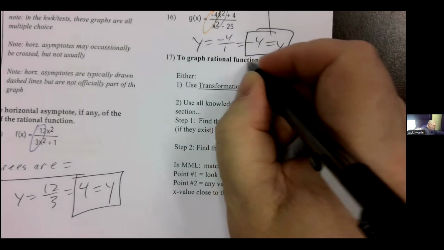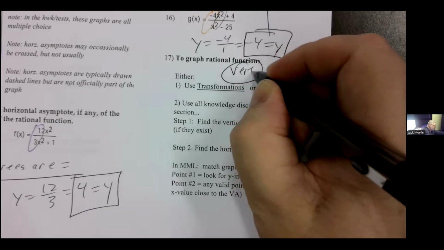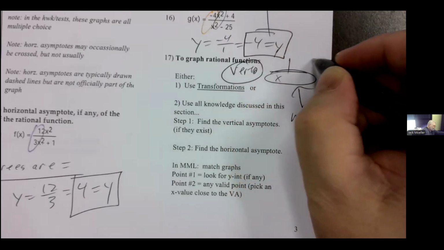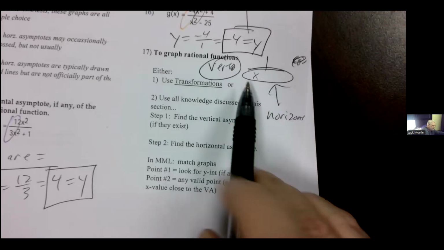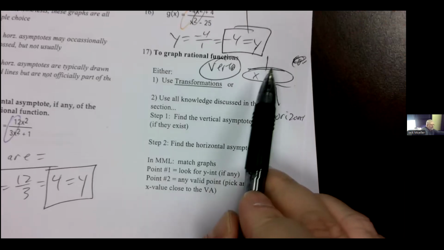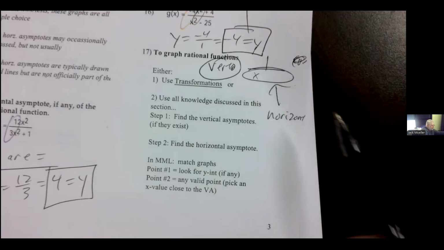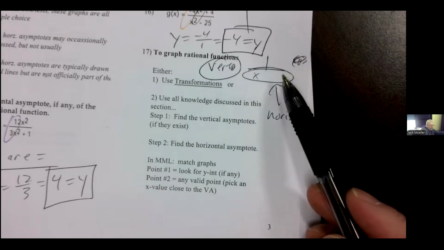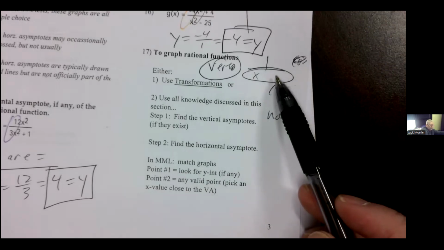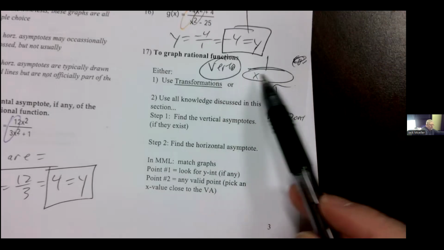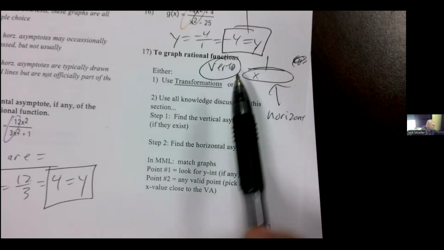If you're out in the front or the back, that's when you do vertical. So inside the fraction is horizontal, outside the fraction is vertical. And don't forget that all the horizontal stuff is backwards. So if you want to move it right, you would have to do minus a number. If you want to go left, you have to do plus a number. If you want to move it up or down, vertical works as normal.